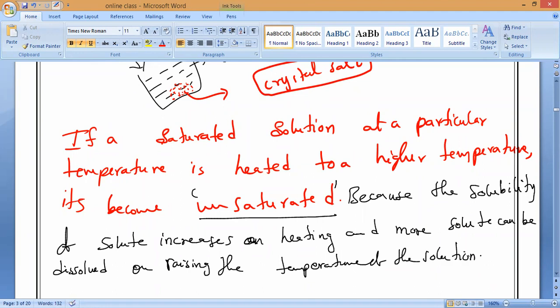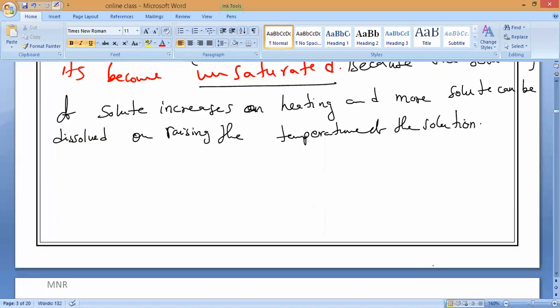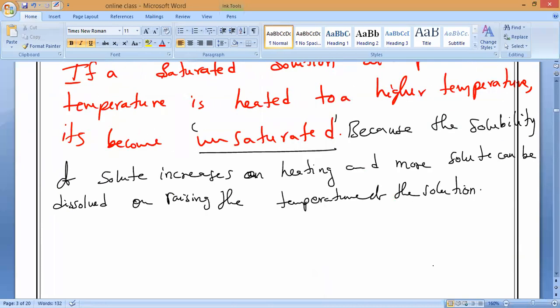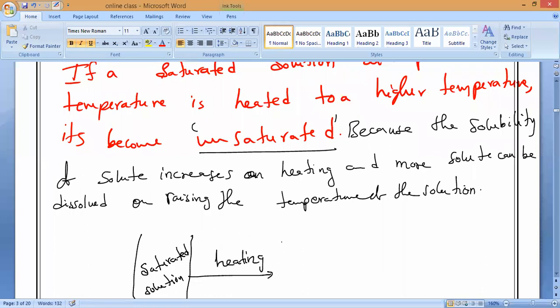So, if we heat, I will write the diagram way. Remember, saturated solution. What do you have to do, heating or cooling? Heating.